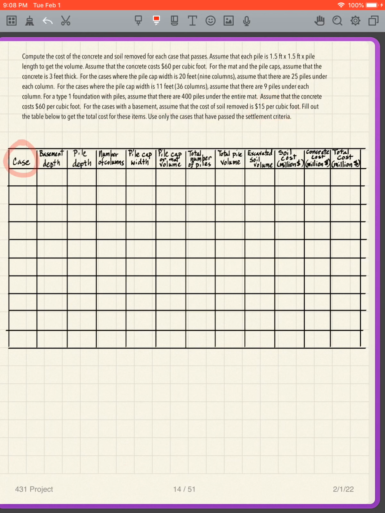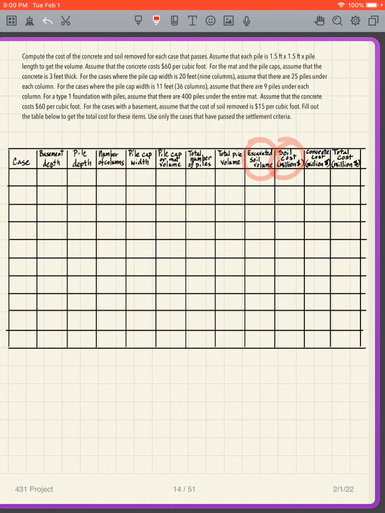So you've got the case, the basement depth, the pile depth, the number of columns, the pile cap width, pile cap or mat volume, and then the total number of piles for each one, the total pile volume, and the excavated soil volume by figuring out the volume of the basement.